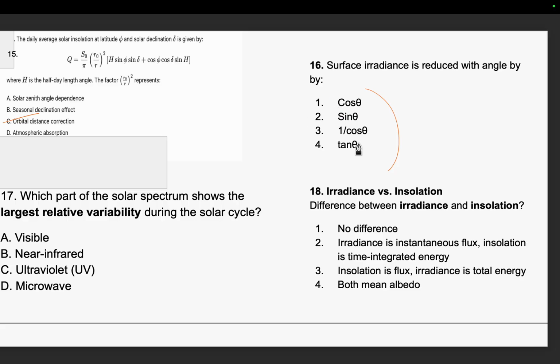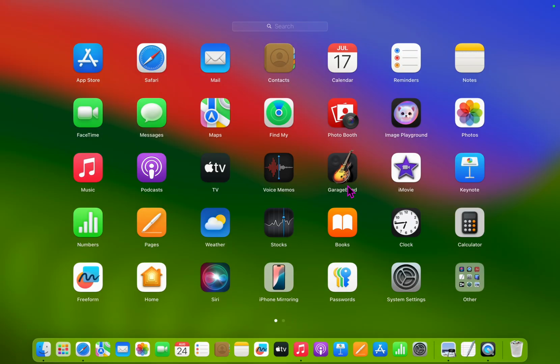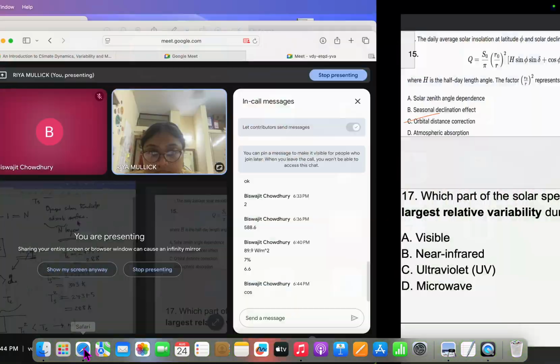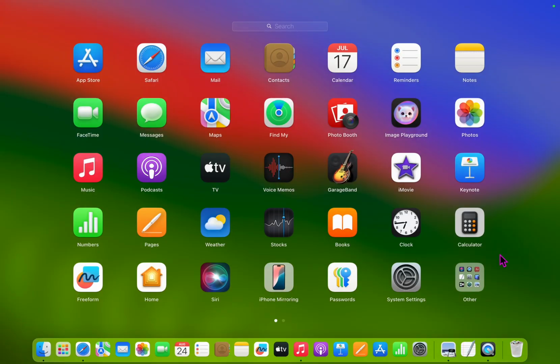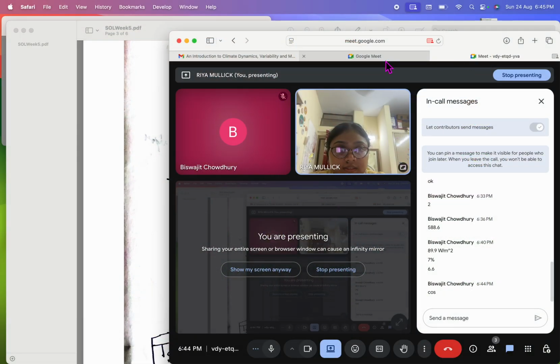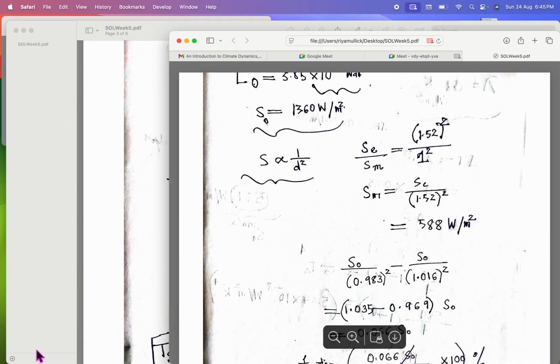Cos theta, sin theta, 1 by cos theta and tan theta. Yes, this is the cos theta, just from the trigonometric contributions.